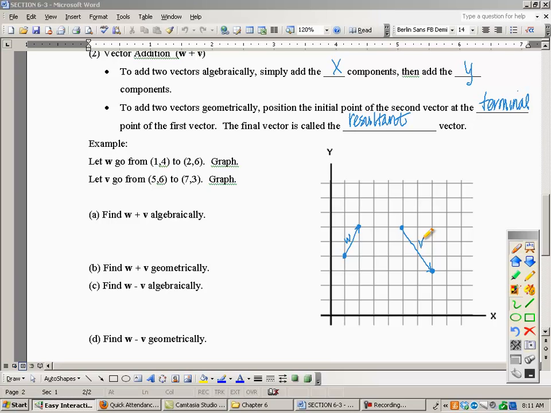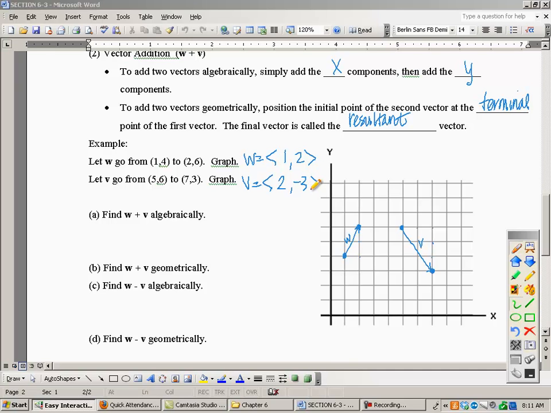Okay. Now, to add these two algebraically, I want to have component form. And so when I talk about component form, let's actually write these out. W is, to get from my initial, I move right 1 and up 2, so 1, 2. To get my V, I start at my initial, and I have to go right 2 and down 3, so positive 2, negative 3.